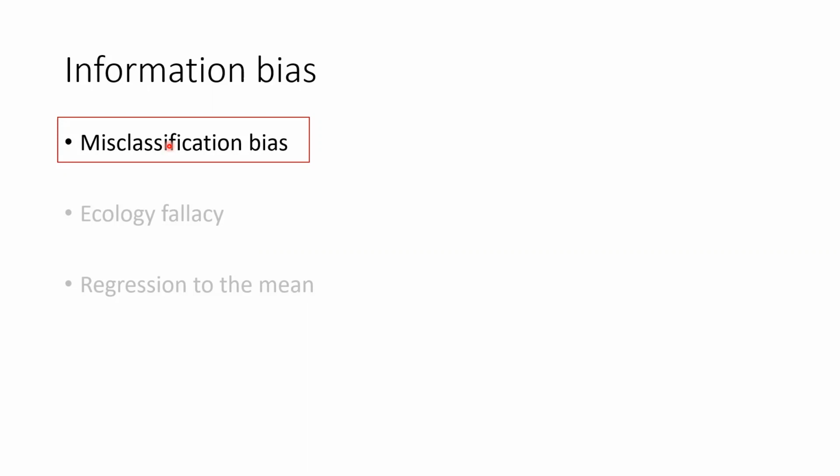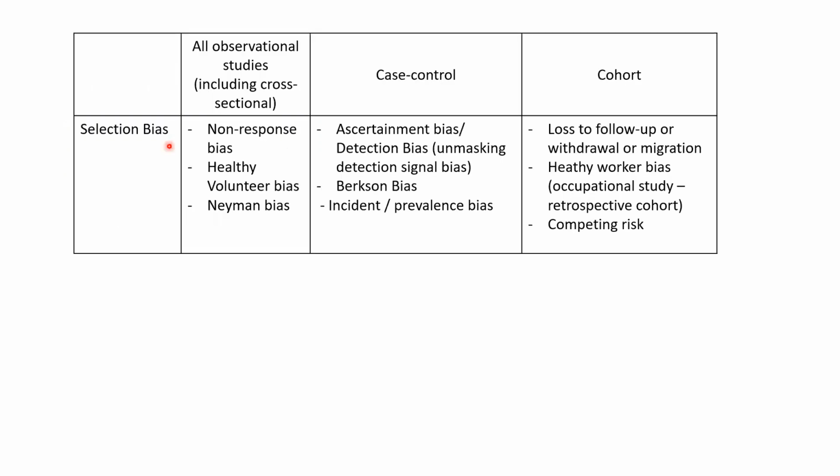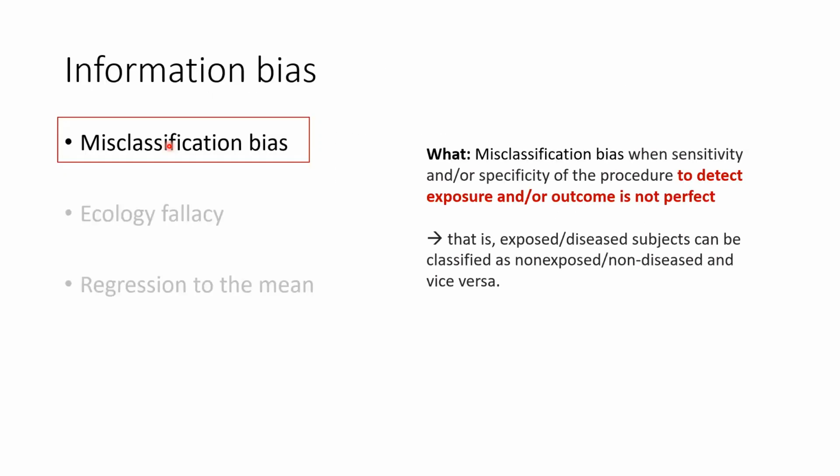Usually, when you talk about information bias, most of the time we talk about misclassification bias. So as you said, misclassification bias is when the sensitivity and/or specificity of the procedure to detect the exposure or the outcome is not perfect.